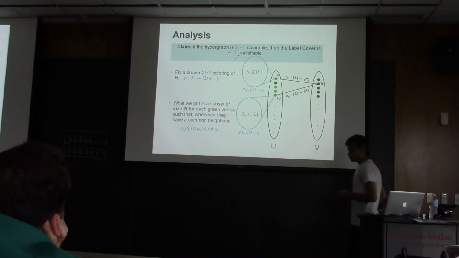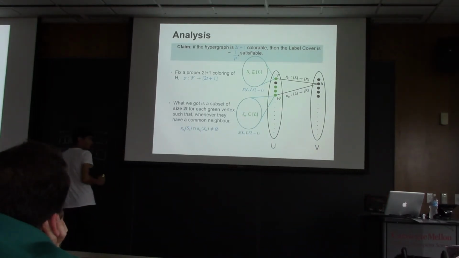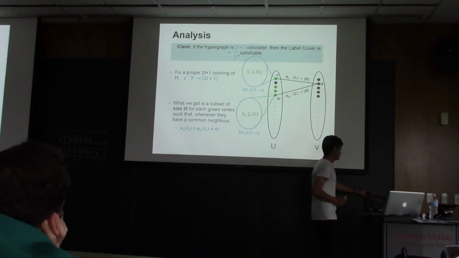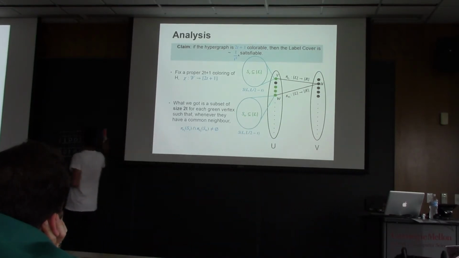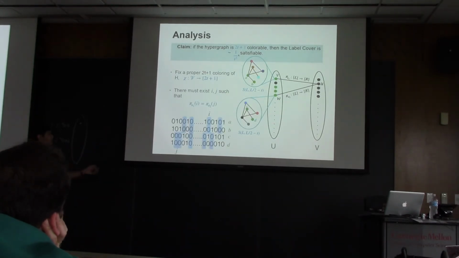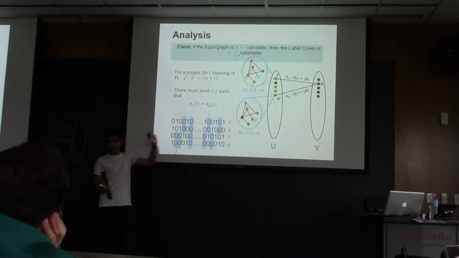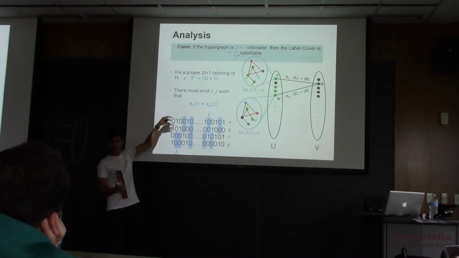But what property does it have? This is a subset of L, and this is a subset of L, and both are of small size, because it's just the locations where you see 0, 0, which was at most 2t, because this was the edge in your Schreier graph.